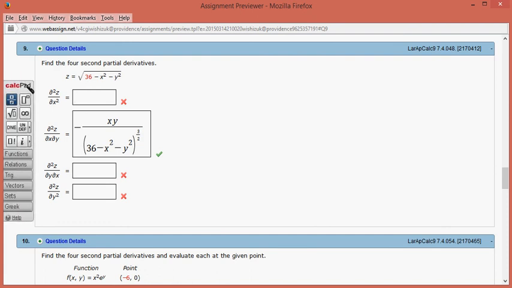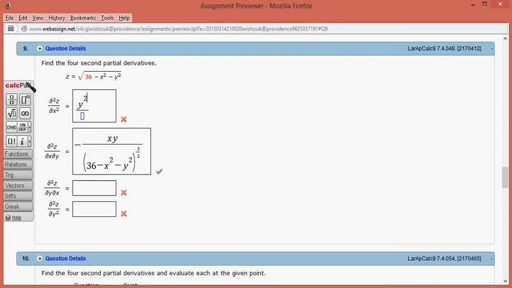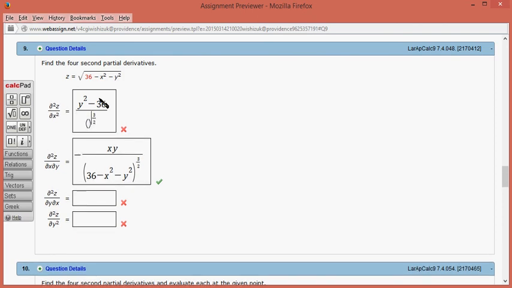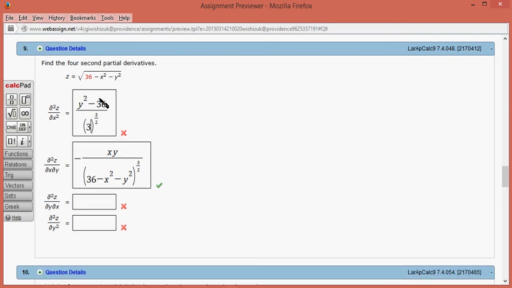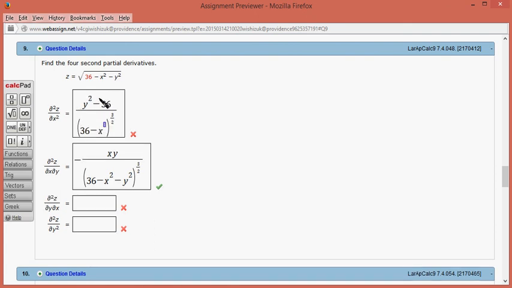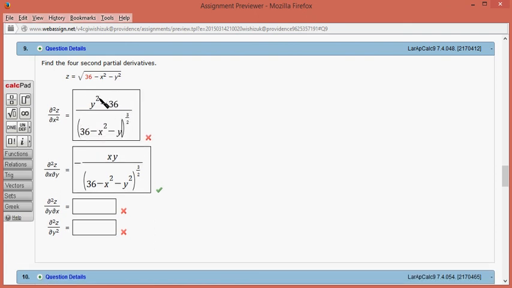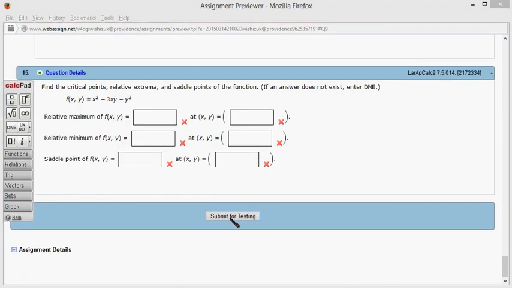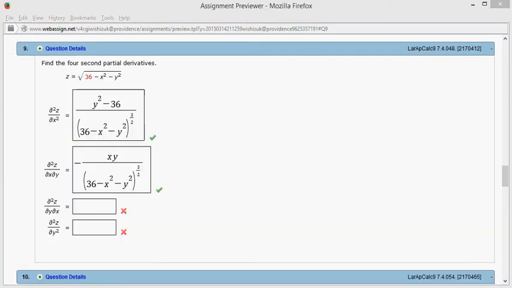It's going to be a fraction: y squared minus 36 over the quantity 36 minus x squared minus y squared, raised to the 3/2 power. Alright, so let's check the answer. Submit for testing. It came back, and looks like we got this one correctly as well.